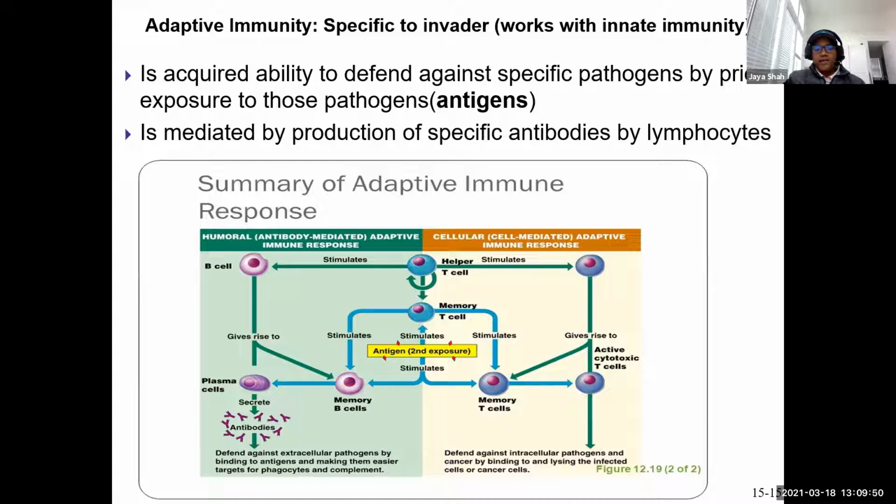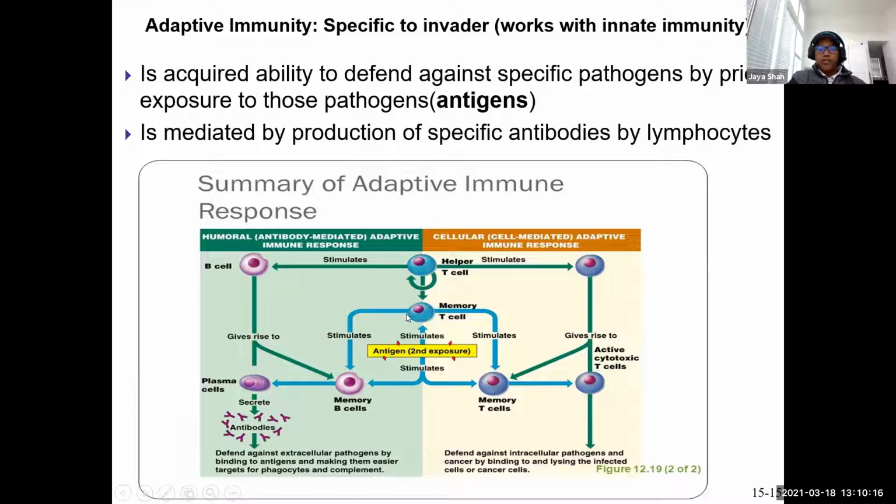That's why they defend against intracellular pathogens and similar abnormal cells like cancer cells. They kill them. At the same time, another set of T cells becomes memory T cells, which keep the memory of the same antigen which the helper T cell was exposed to.